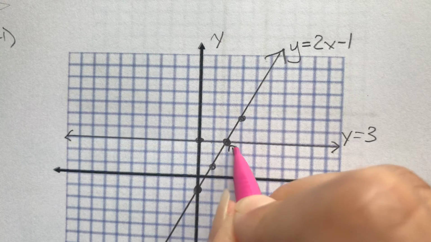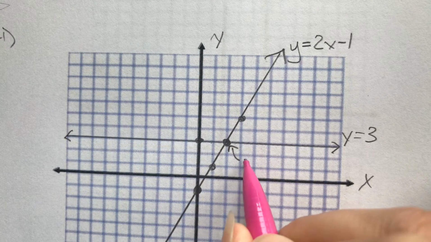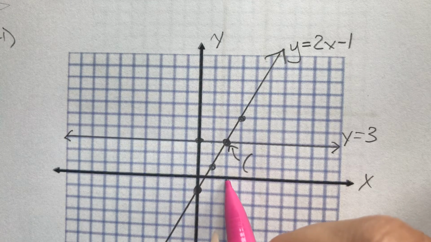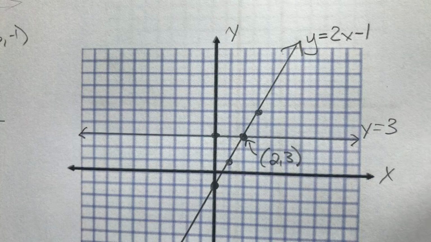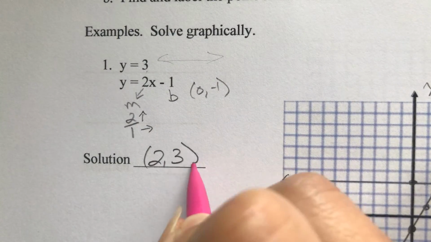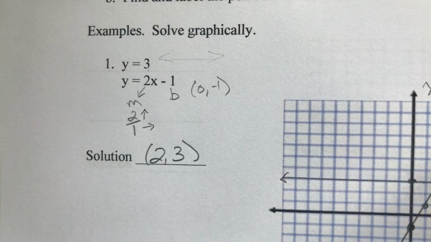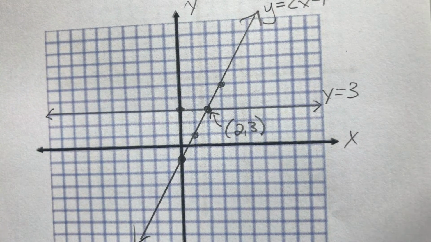So here is our answer, our solution, which is over +2 and up 3. And I'm going to write that on my line over here. 2, 3. Okay, I'm going to come back to the graph one more time just if you need to finish up. Pause it if you're not done with this question.